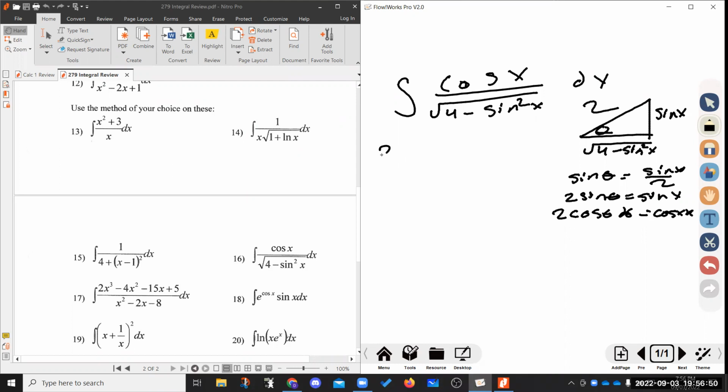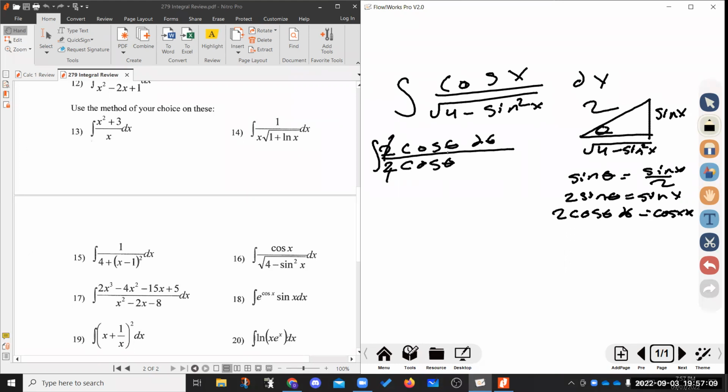So 2 cosine of theta d theta, and then down here is going to be cosine of theta times 2.